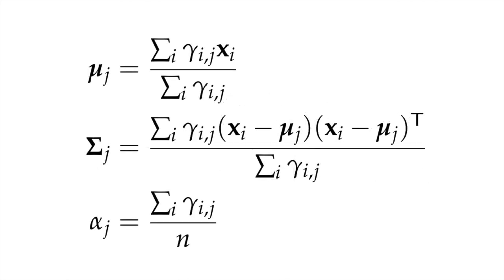These are just re-expressions of the maximum likelihood estimates shown before for a single Gaussian, but instead expressed using a weighting by the responsibilities. The actual calculations here for the E step and the M step are pretty straightforward. The process is relatively easy to understand and relatively easy to implement.